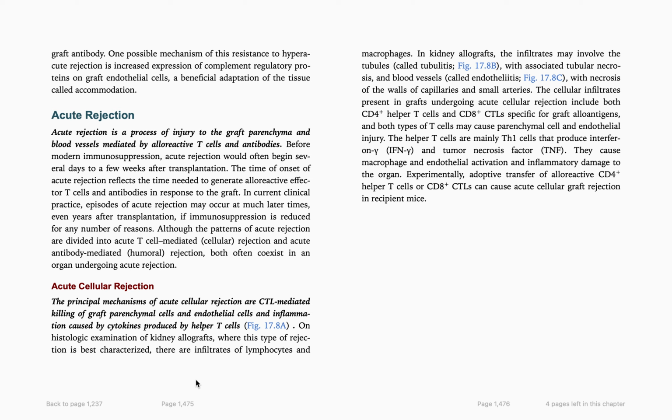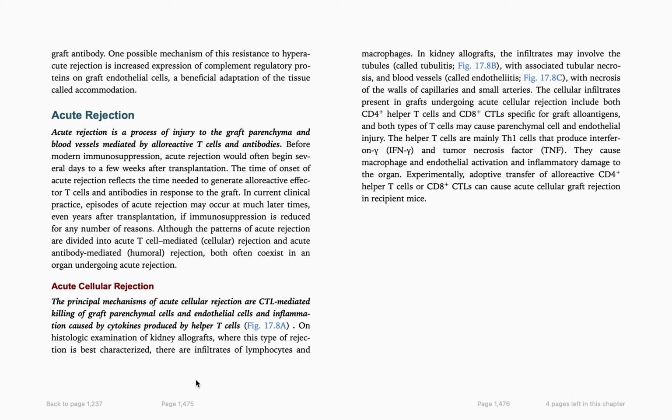In current clinical practice, episodes of acute rejection may occur at much later times, even years after transplantation, if immunosuppression is reduced for any number of reasons. Although the patterns of acute rejection are divided into acute T cell-mediated cellular rejection and acute antibody-mediated humoral rejection, both often coexist in an organ undergoing acute rejection.